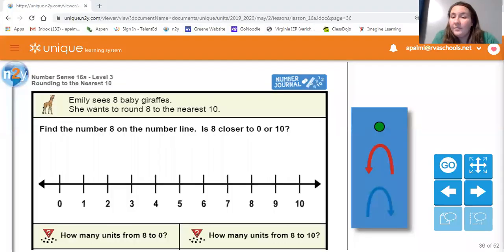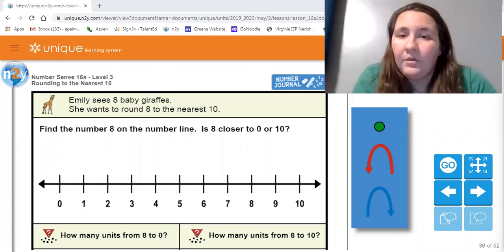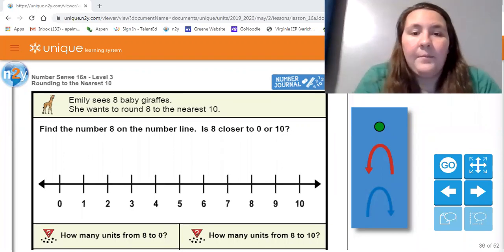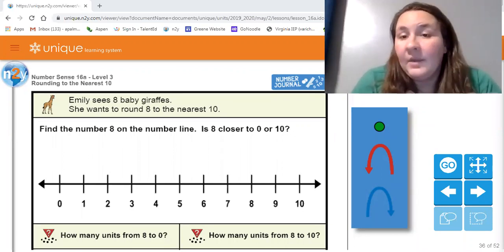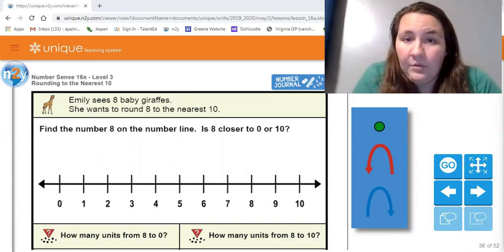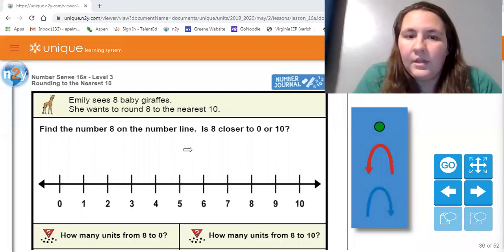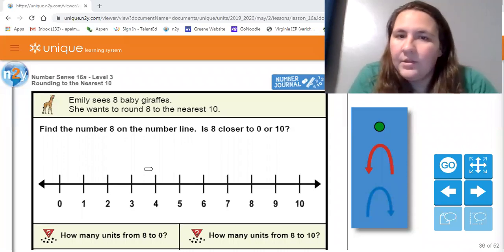So we said before that when we're rounding, the best strategy to use is a number line because it will allow you to see where the numbers are and what the space is between so you know which way you're rounding. So I want to go ahead and get out my spotlight. I went back and watched my videos and saw that the light was a little hard to see, so I'm going to try with this arrow this time.